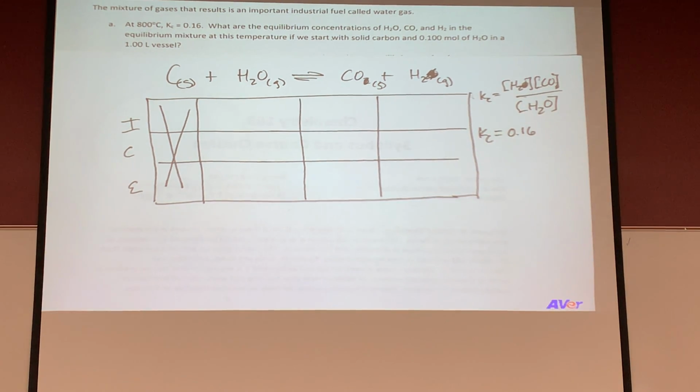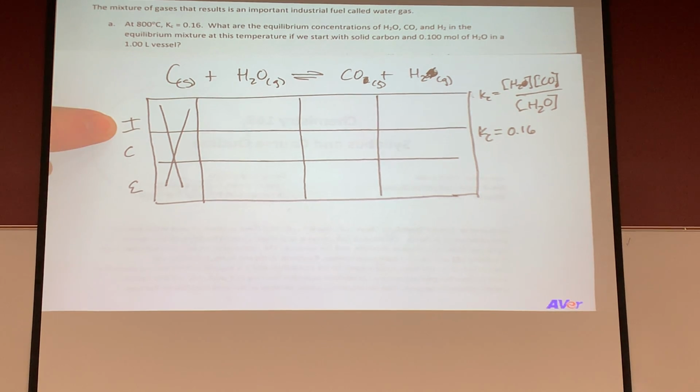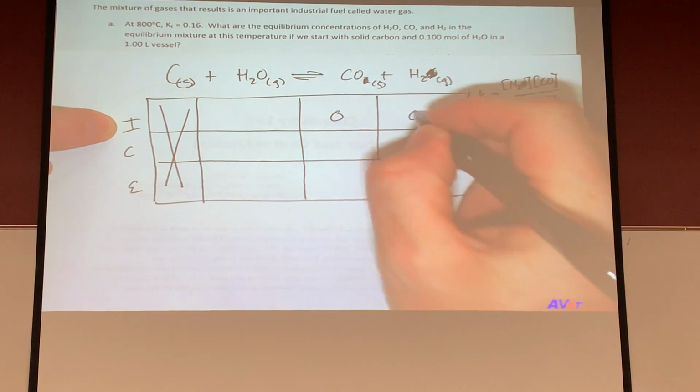So the first thing to understand is that when you take these equilibrium concentration numbers and you plug them into here and do that math, that's the result. Okay. Then, in the initial row, unless otherwise specified, your products are going to be zeros.